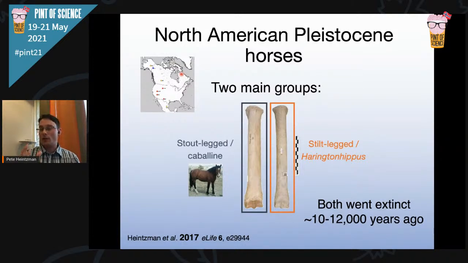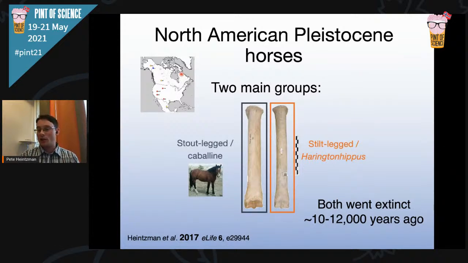If you had thought that stilt-legged horses fell within the diversity of living horses, that would say that when these horses all went extinct in North America, the total diversity within Equus would have been basically maintained, because we still have donkeys, zebras, and regular horses. But because we now know that stilt-legged horses fall outside of that diversity, it makes us appreciate that the losses in North America were actually much greater.